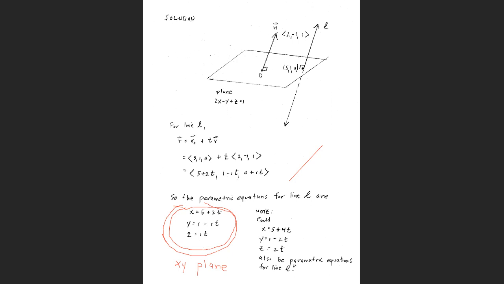So if we set Z equals 0, we'll solve for T. And T would equal what when Z equals 0? T would equal 0. Good. So let's go to the next page here.